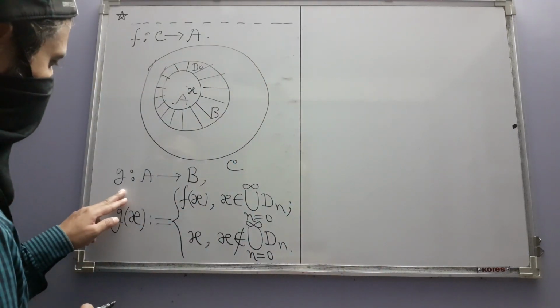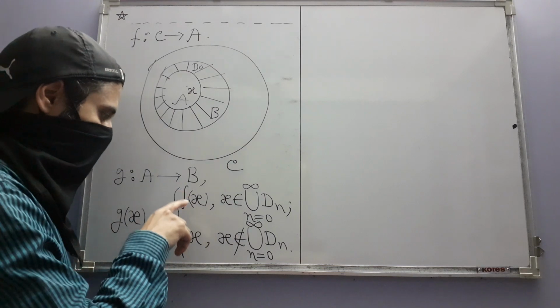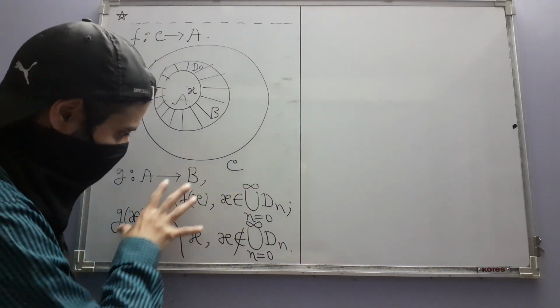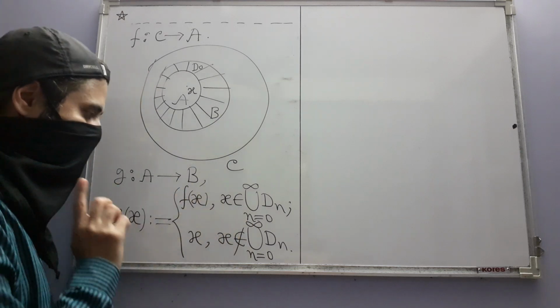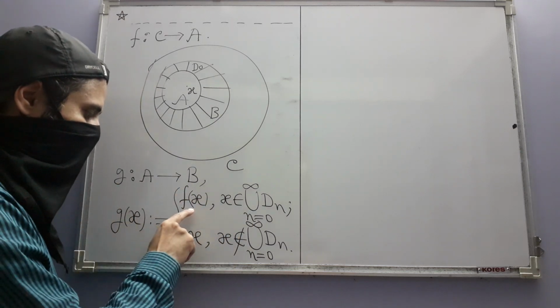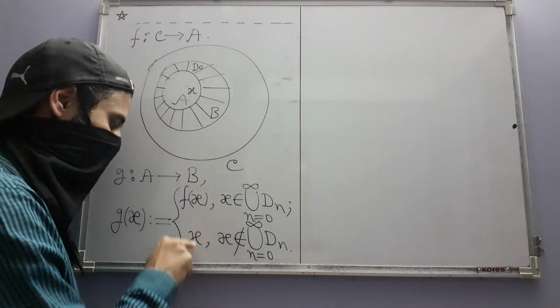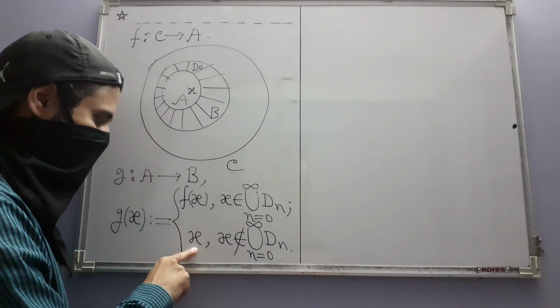But the problem is this. You see, where are we getting the outputs? From this discussion of what the function g does to the input, either the output is f of x or the output is x.